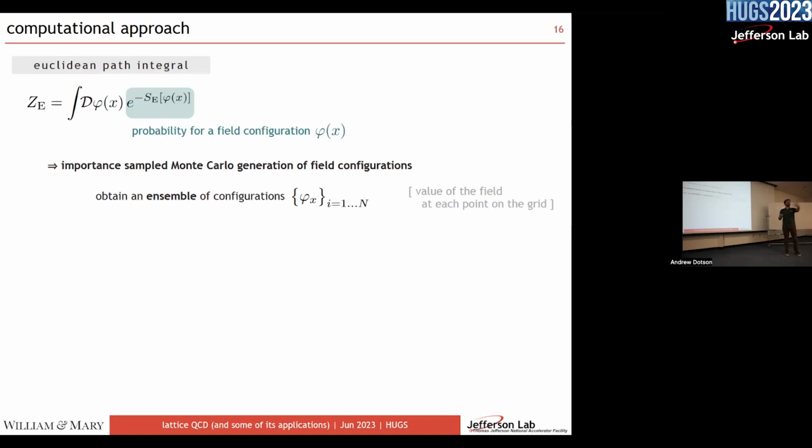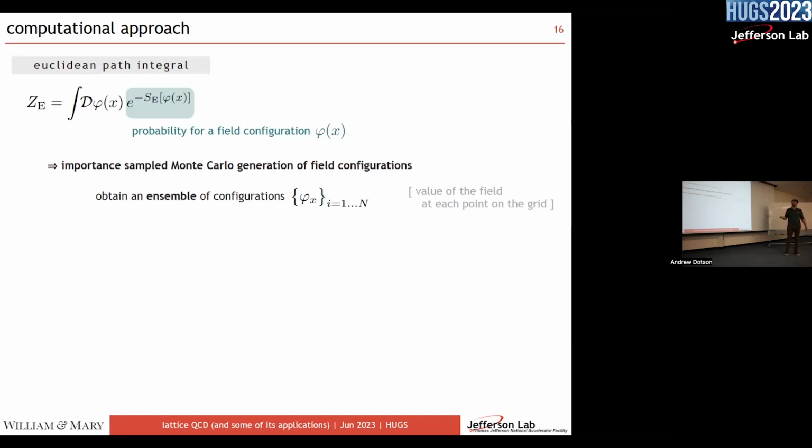So you will sample the most important fields more often. And that's basically what is done in lattice field theory. You obtain an ensemble of configurations, some finite number of configurations, according to this probability distribution.